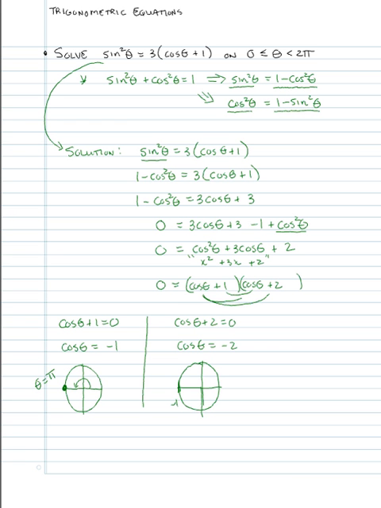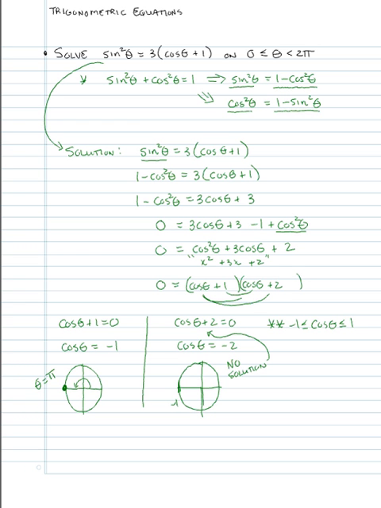If we're on the unit circle, we can't go beyond that. So this is the other big issue that we should always keep in mind. The cosine of theta always has to give a result that is between negative 1 and positive 1. And so there's no way the cosine of theta can be equal to negative 2, so there's no solution to this intermediate equation.